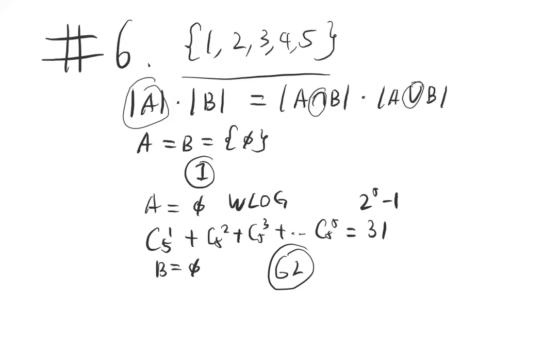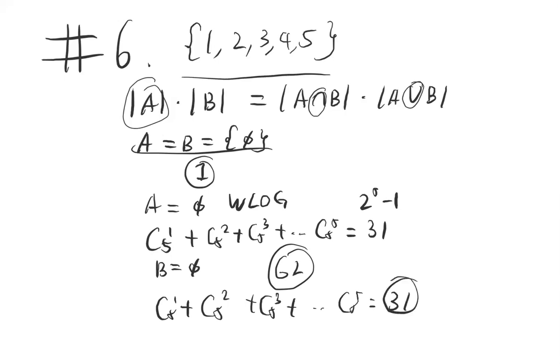So in this case, we also have 5C1 plus 5C2 and so on. There's no 5C0 because I already counted it as the empty case. So we have 31 cases in this case. This is A equals B.